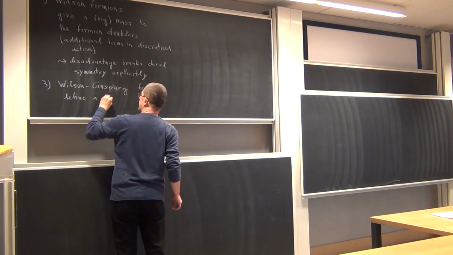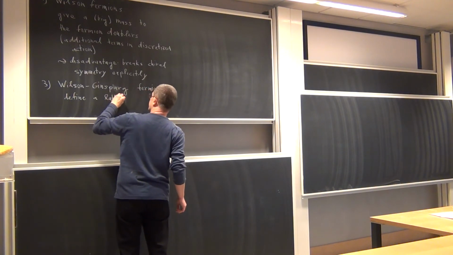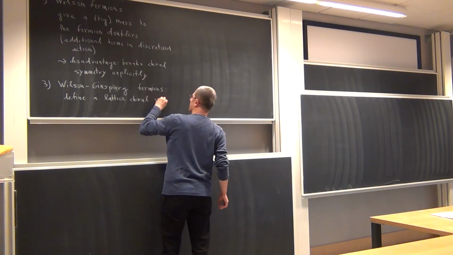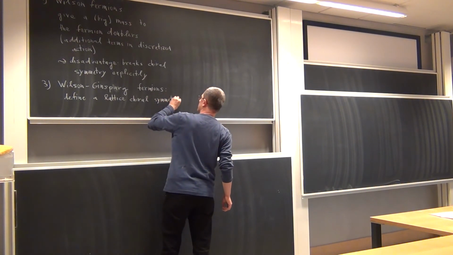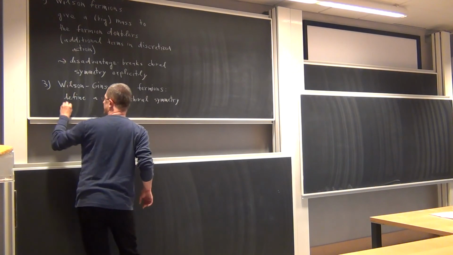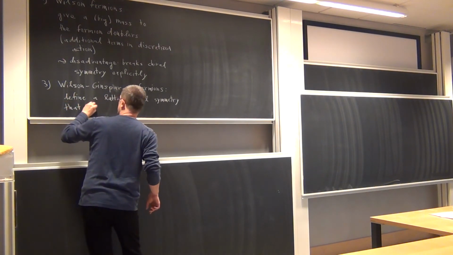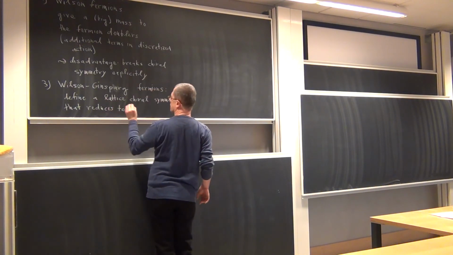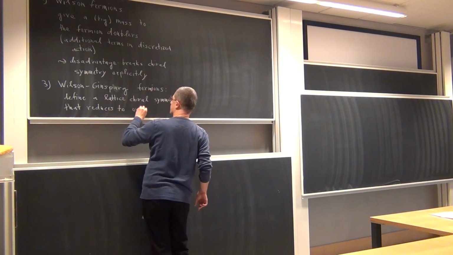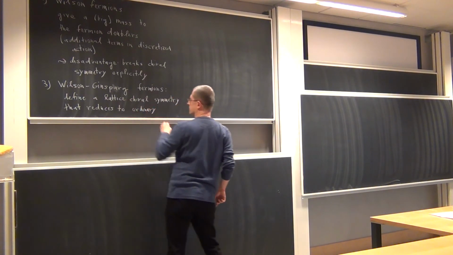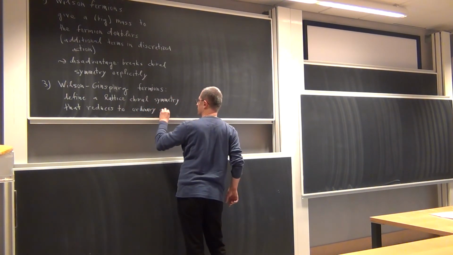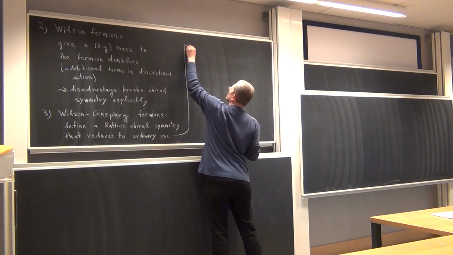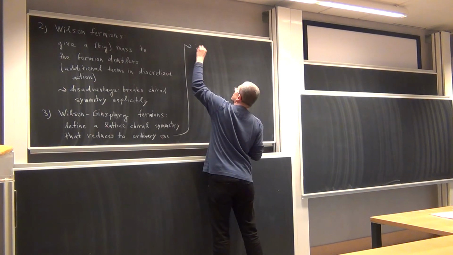This is much more satisfying. So one defines a lattice chiral symmetry that reduces to the ordinary one in the continuum limit.